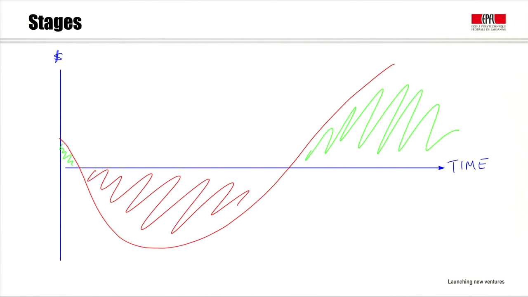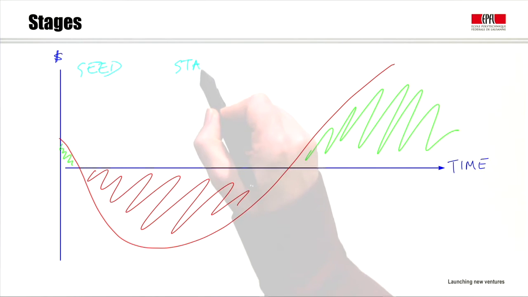Now let's talk about the different stages of financing here. As we've previously discussed, you can break these into different stages, and there's no hard and fast rule for when these stages occur. But let's just say that a lot of people would tend to call this very early part the seed stage, and then they would call the next part the startup phase.